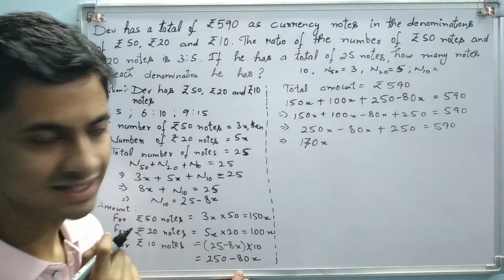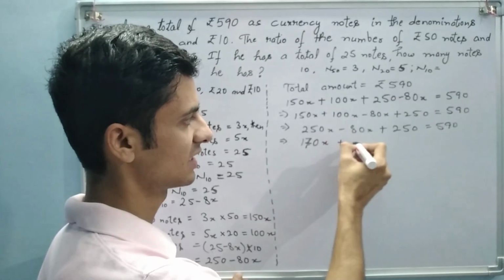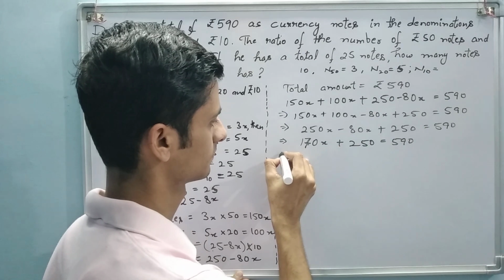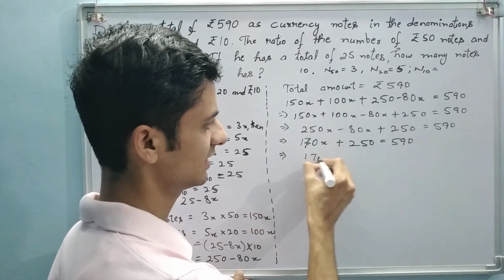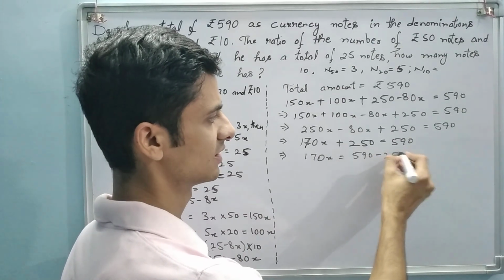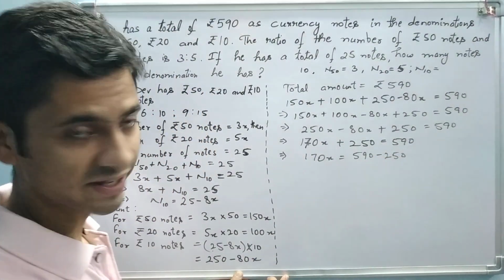So 170x plus 250 gives you 590. Now 170x is equal to 590 minus 250. From here we have to find the value of x.